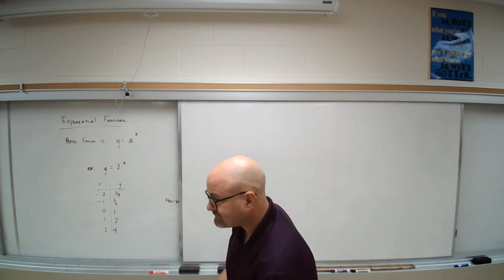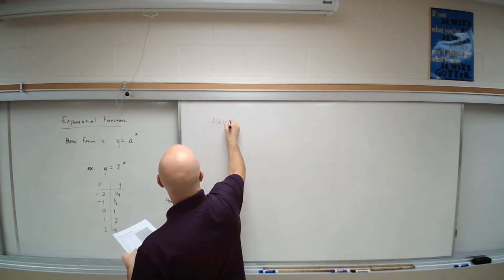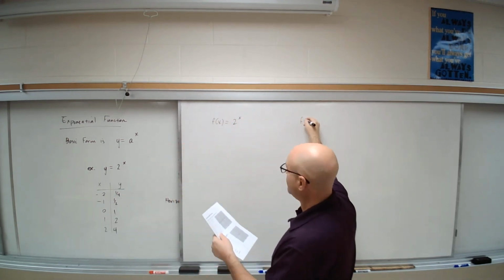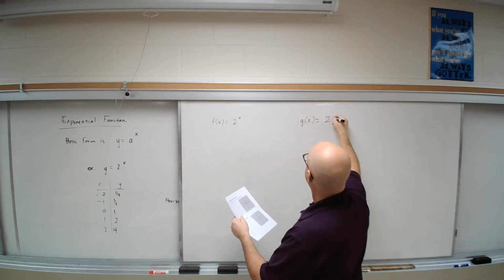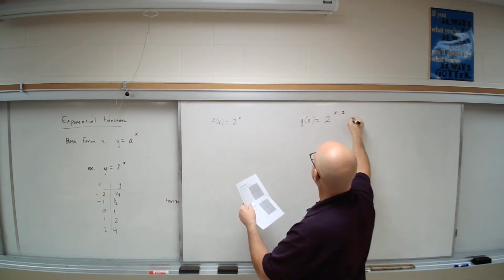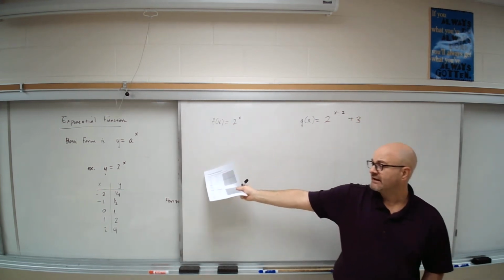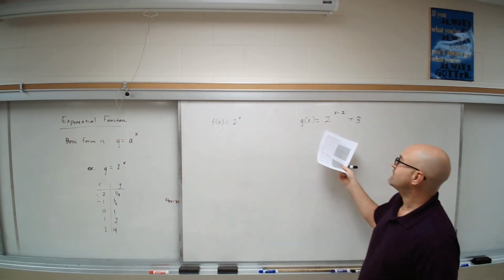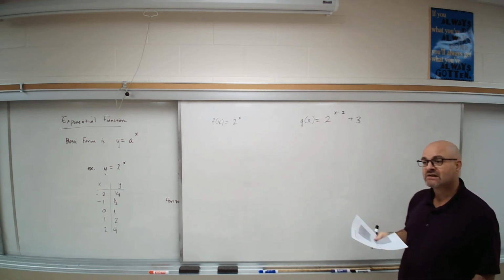But if you remember, if we compare these two functions, f of x equals 2 to the x, and g of x equals 2 to the x minus 2 plus 3. This is what we call the parent function, and that's what we just graphed right here. This is a shifted function. So just a quick review on shifting and how that works.